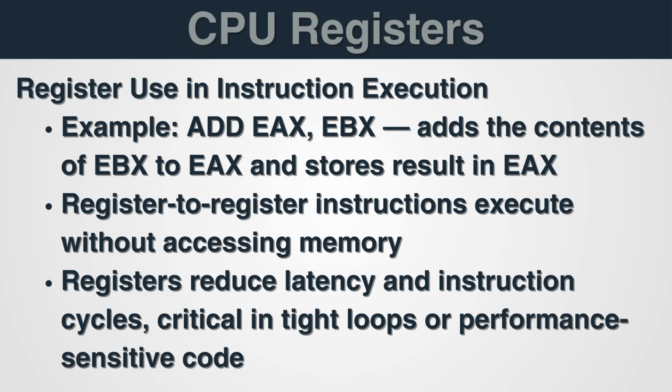So the example of add EAX, EBX adds the contents of EBX to EAX and stores the result in EAX. Register-to-register instructions execute without accessing memory. And registers reduce latency and instruction cycles, which is critical in tight loops or performance-sensitive code.